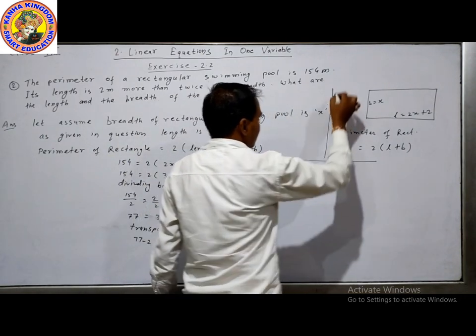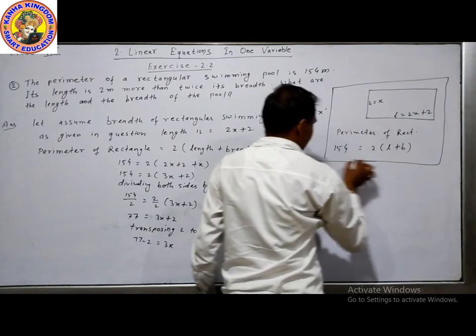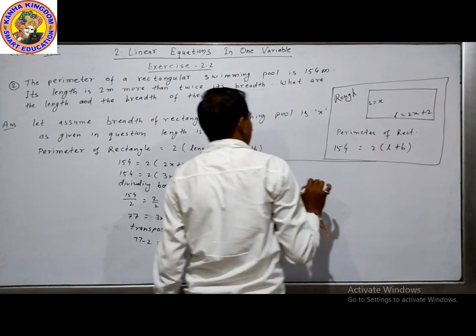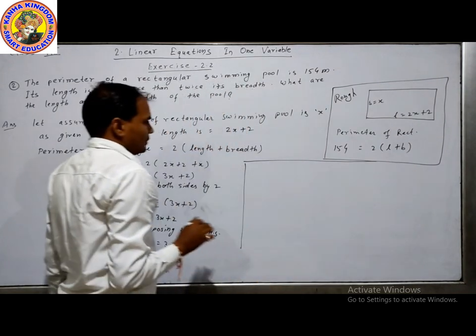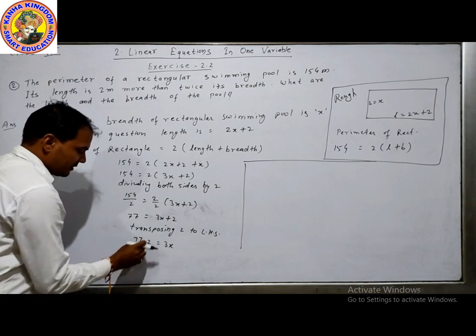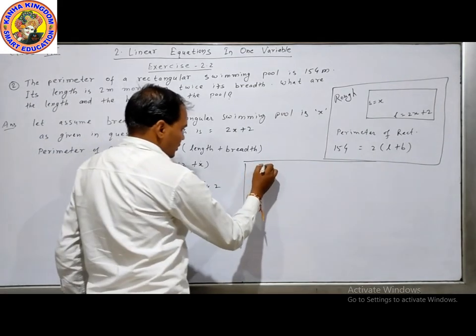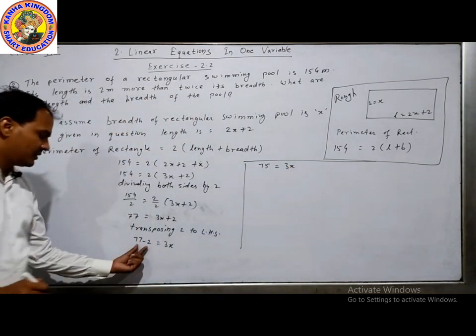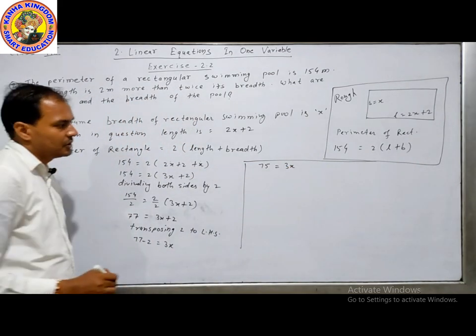This is our rough work. Now in this equation, 77 minus 2, 75 is equal to 3x.